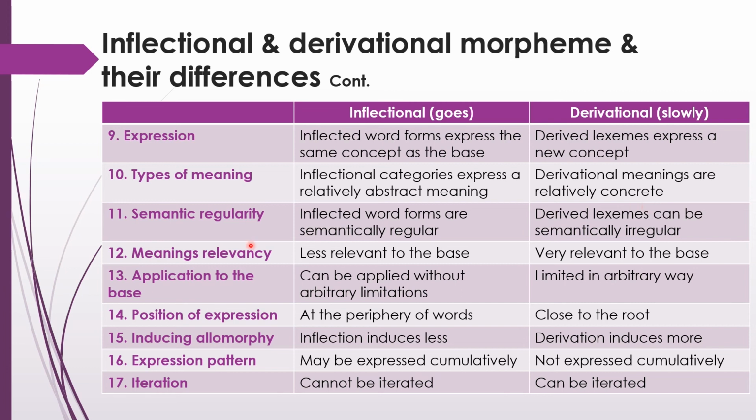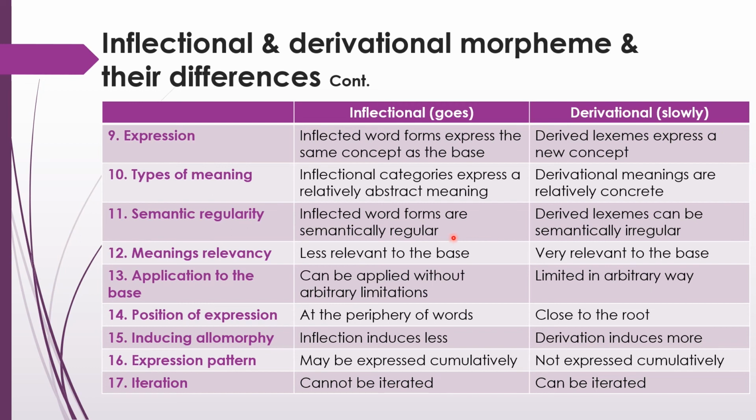Semantically regular, that means inflected word forms are semantically regular. It is regular in terms of meaning. So you can see things like ed for referring to the past form of a verb, and s after nouns to refer to plural forms. So like this, it is semantically regular.